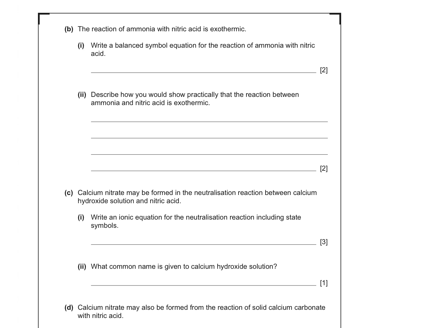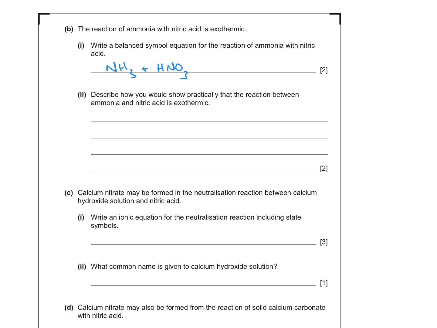B part 1 then, we'll have to write a balanced simple equation for the reaction of ammonia with nitric acid. Now ammonia is NH3 and nitric acid is HNO3. Now even though this is an acid and an alkali reacting, we don't get a salt and water the way we do with an acid plus an alkali gives a salt plus water.